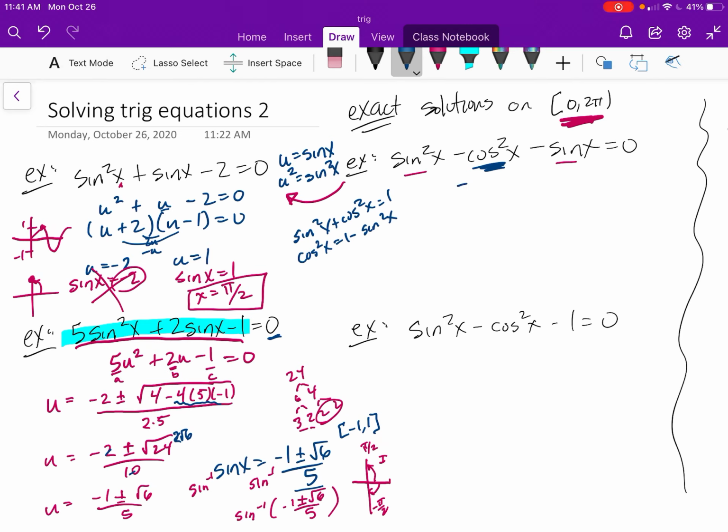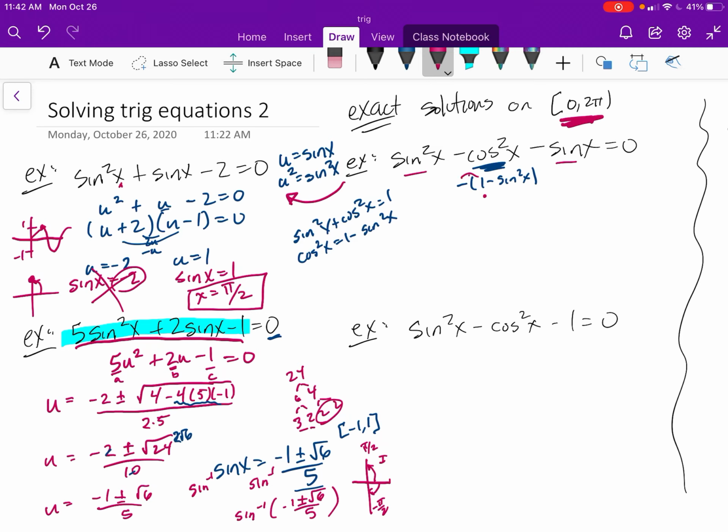So I have a negative, 1 minus sine squared, since it's negative cosine squared. All right, if I make that substitution, I have all sines, and, well, I have a constant of 1 in there, but everything would be in sines and hopefully it factors. So let's give that a shot.